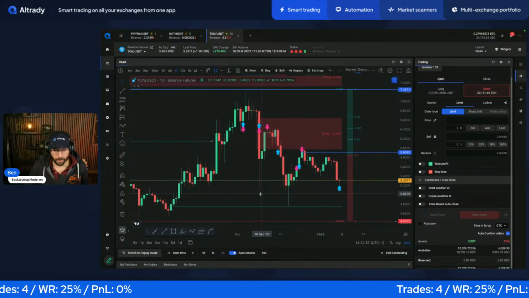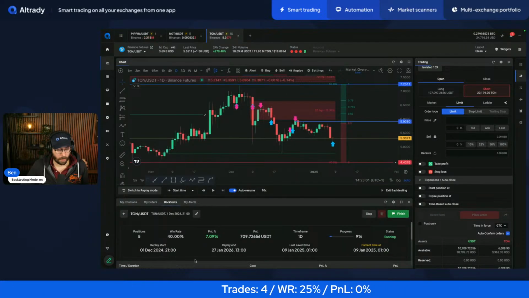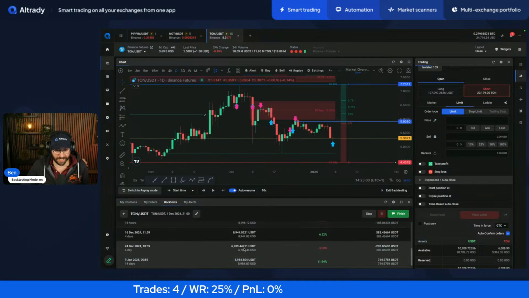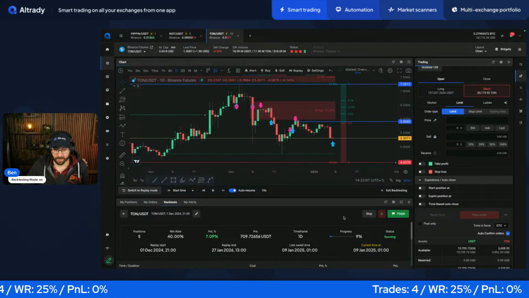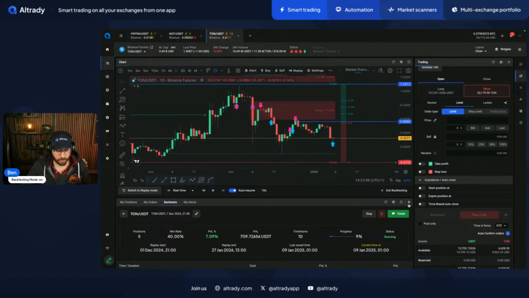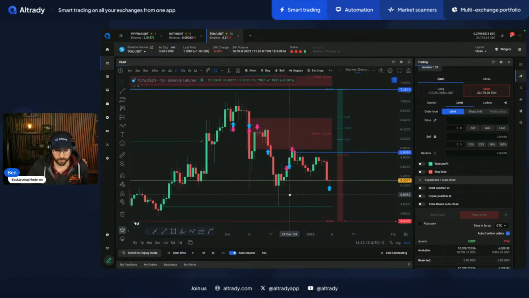Okay, there we go. Nice. That puts us back in the green. Yeah, that was a lot higher risk with a really nice risk reward ratio. So that put us back into 8% with a 4 risk reward ratio and 2% risk.